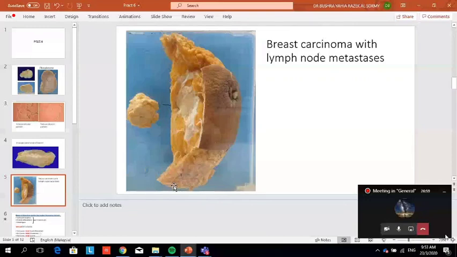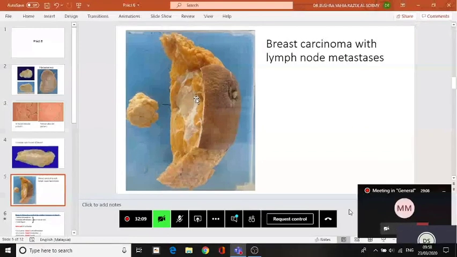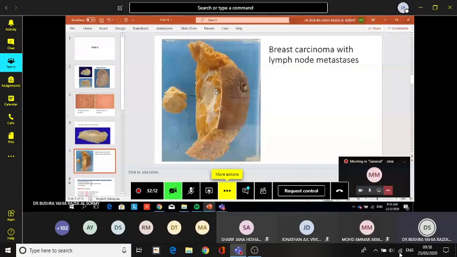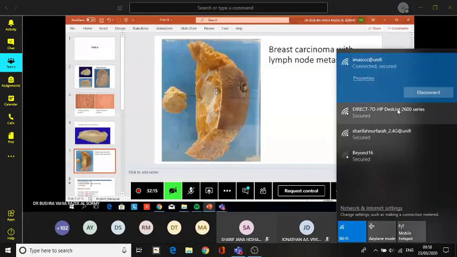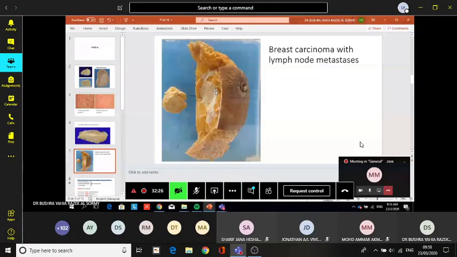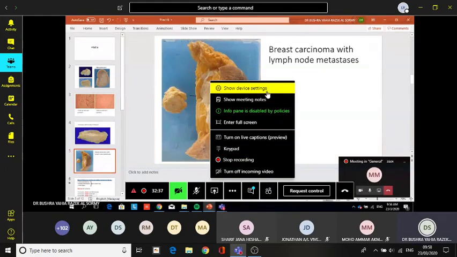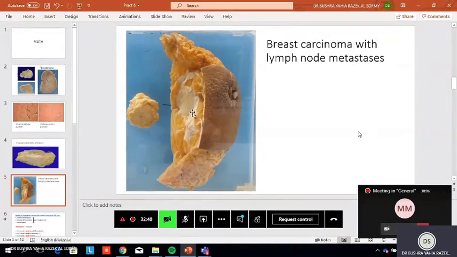Consistency in fibroadenoma is firm. Here it is gritty, and when we cut we feel the gritty sensation. It's not very firm. Necrosis is soft in cutting. When I cut fibroadenoma, it's very firm and difficult to cut, but in malignant tumor, it's easy to cut.